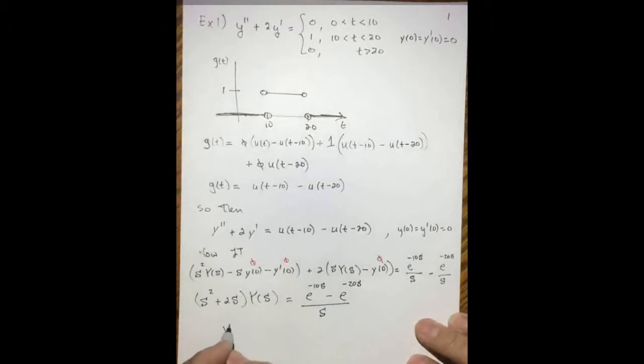Now that's going to give us Y of s is equal to e to the minus 10s minus e to the minus 20s. And then downstairs I'm going to have an s from this side. So that gives me s squared times s plus 2.